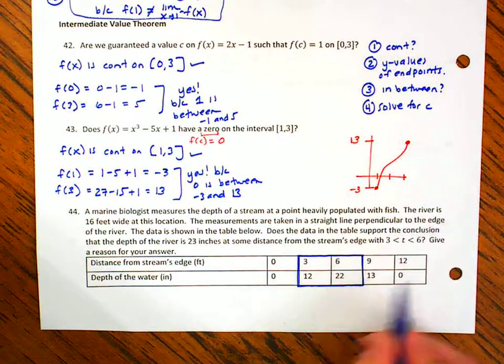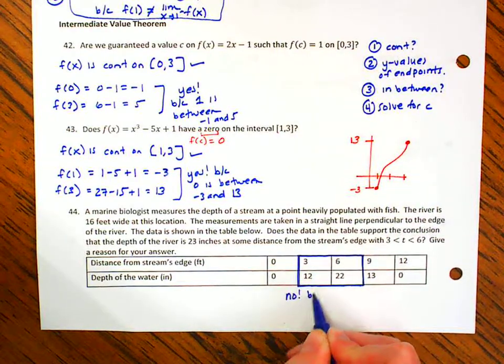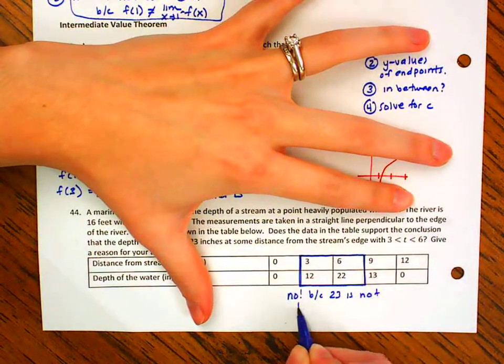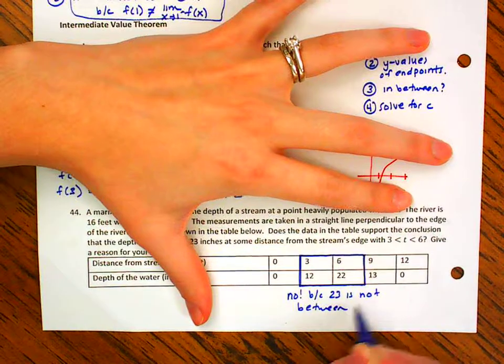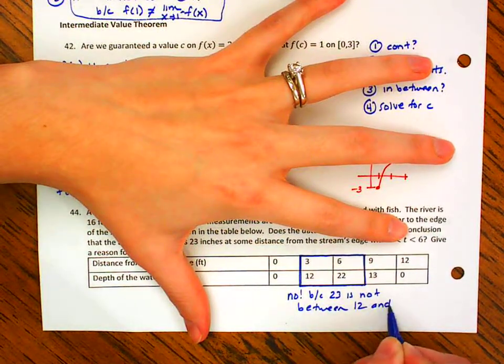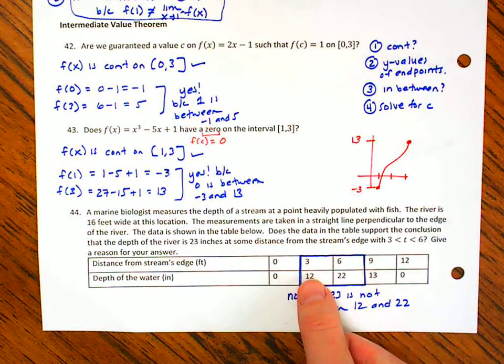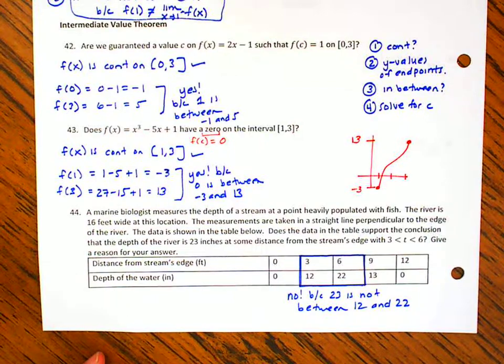Well, the answer is going to be no, because 23 is not between 12 and 22. Okay? Now, we would have to cross through a value of 13, 14, 15, 20, 21, but not 23. It's outside. It's possible that the depth of the river is 23, but we're just not guaranteed that it will be.